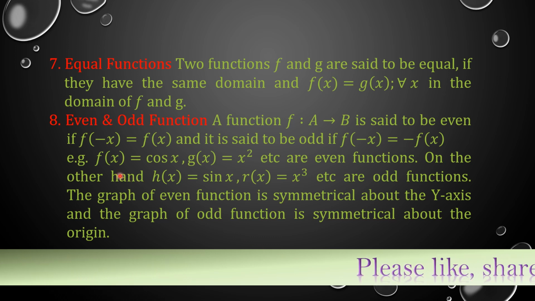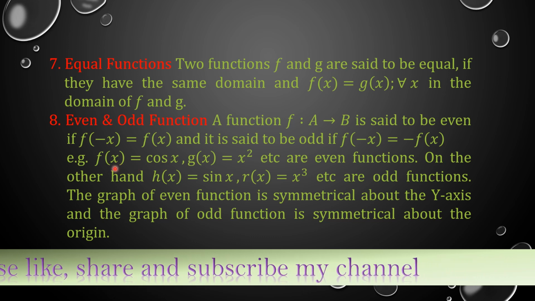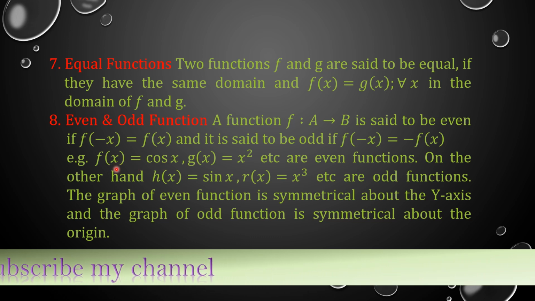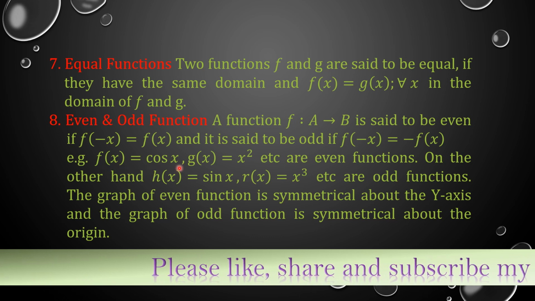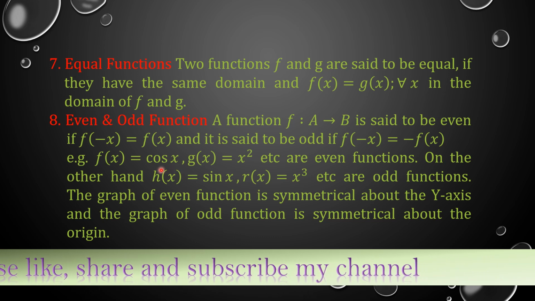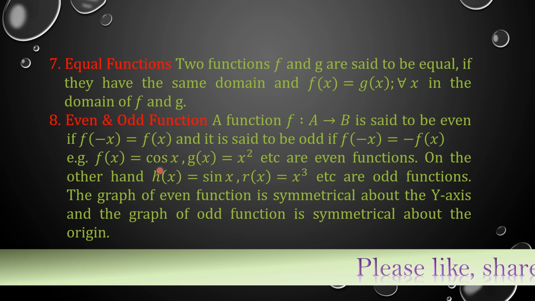You see two examples here. f(x) is equal to cos x. If you replace x by minus x, then f(-x) will be cos(-x). And we know from trigonometry that cos(-x) is obviously cos x. Therefore, f(-x) and f(x), these two are equal.